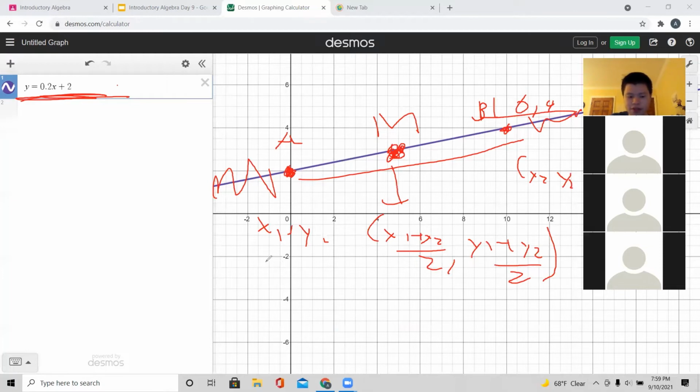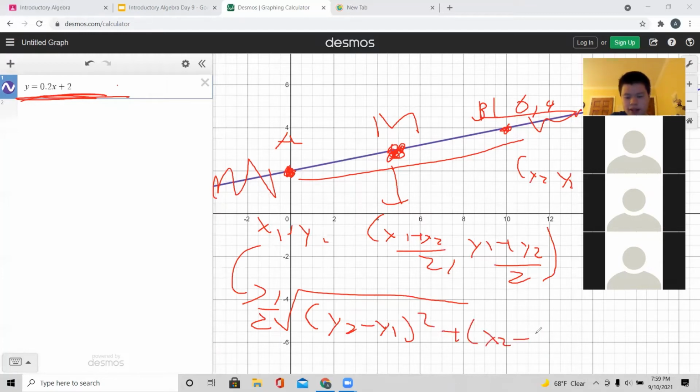So if we were to put this into the distance formula, you would get something like half the square root of (y2 minus y1) squared plus (x2 minus x1) squared, which is half the distance of AB.